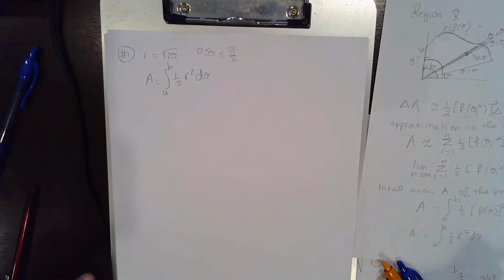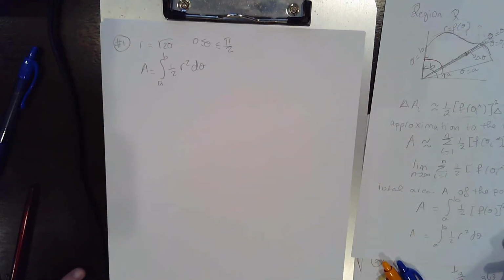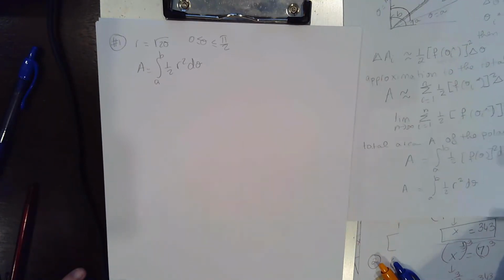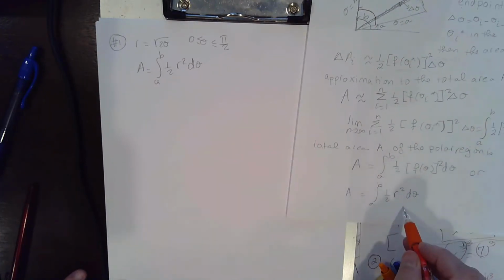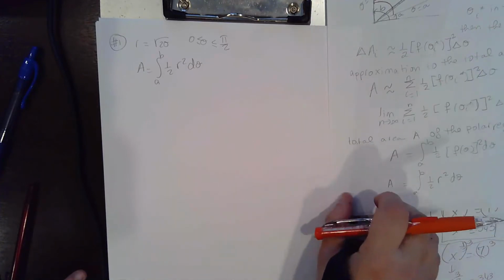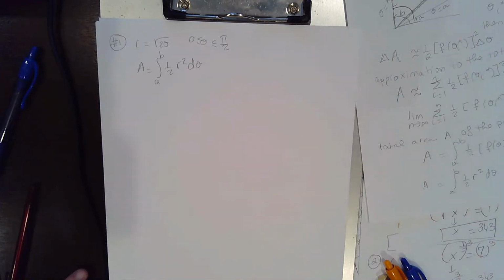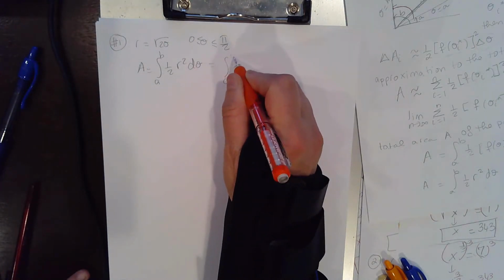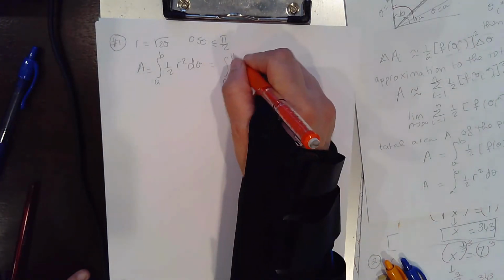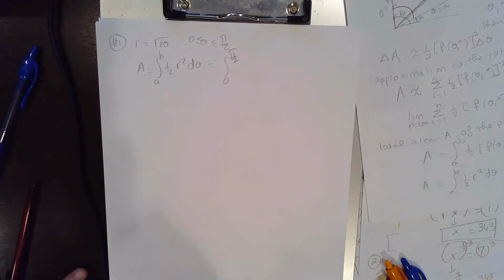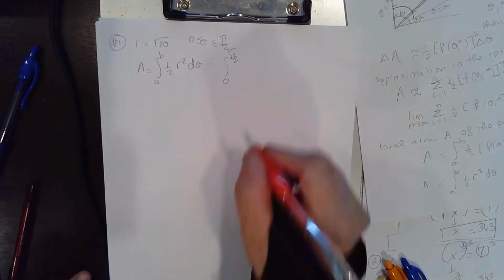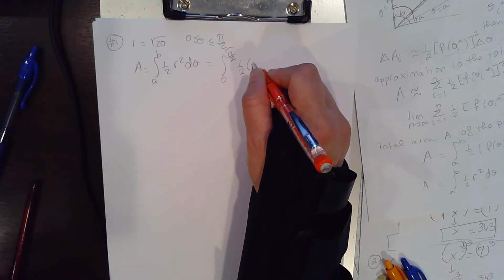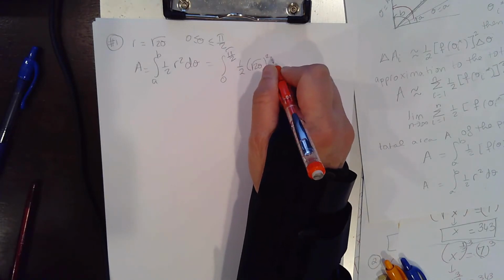We just found it right here on the first page, 1/2 r squared d theta. So now we have a and b. So this is the integral from 0 to pi over 2 of 1/2 r squared, where r is square root of 2 theta, squared, d theta.